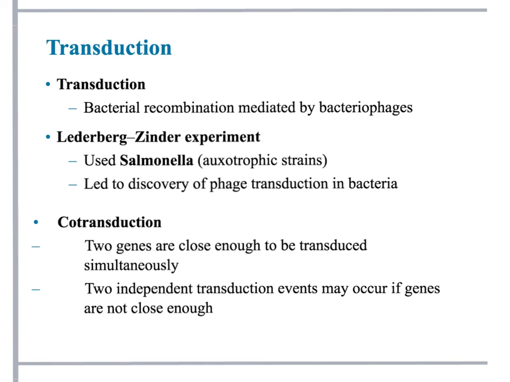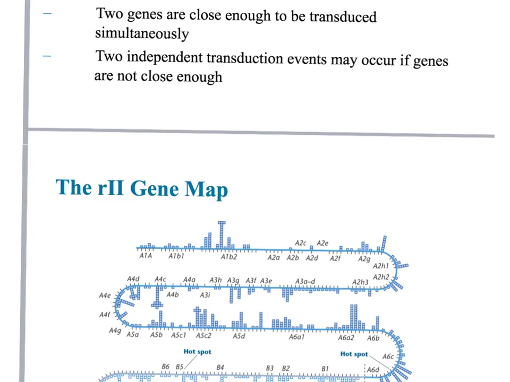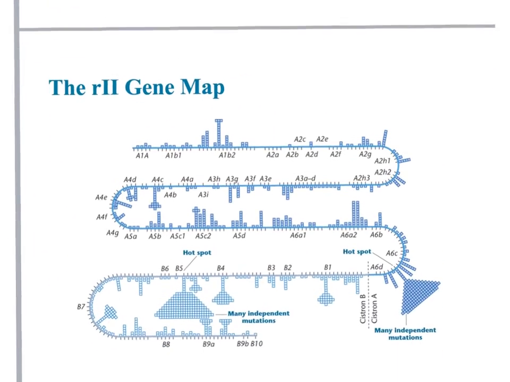And then co-transduction is when two genes are close enough to be transduced simultaneously, or two independent transduction events may occur if they're not that close. So let's talk about gene mapping.